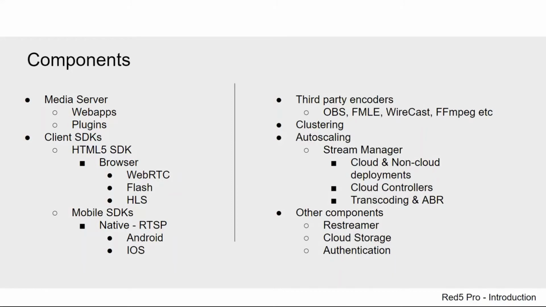So clustering will allow you to distribute your load across multiple Red5 Pro instances defined by their roles. As your traffic grows, you can always keep your system prepared by adding more edges before the event starts.